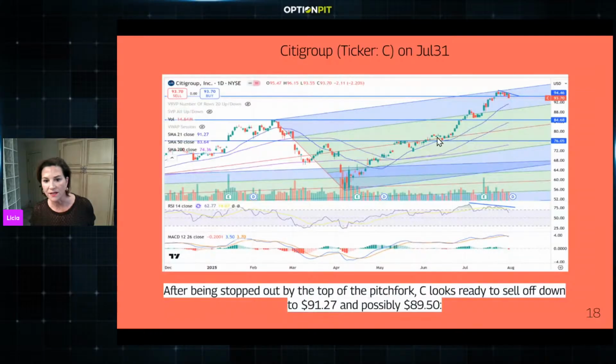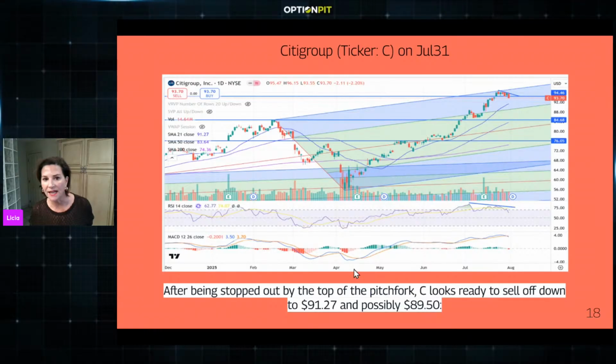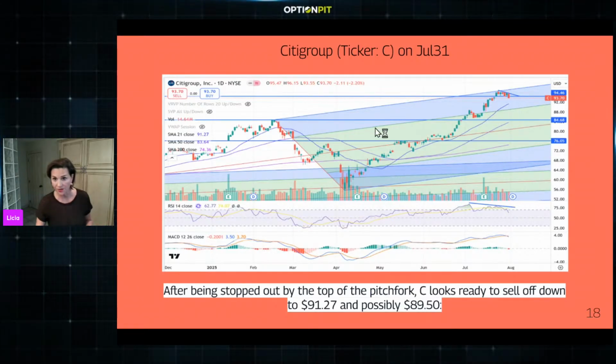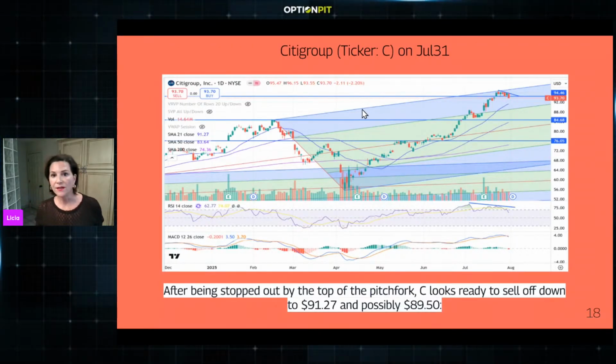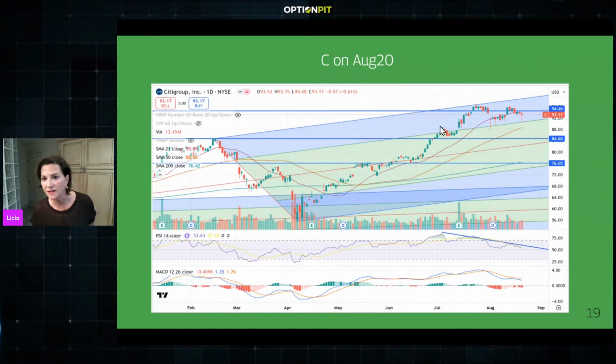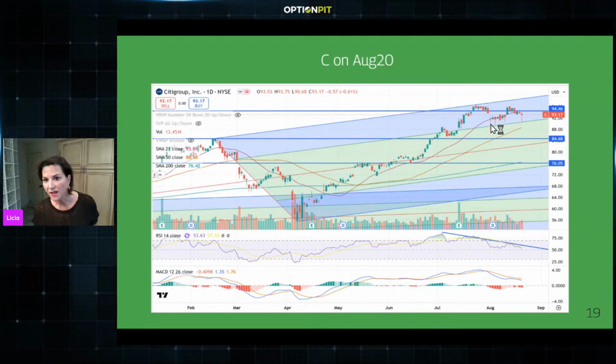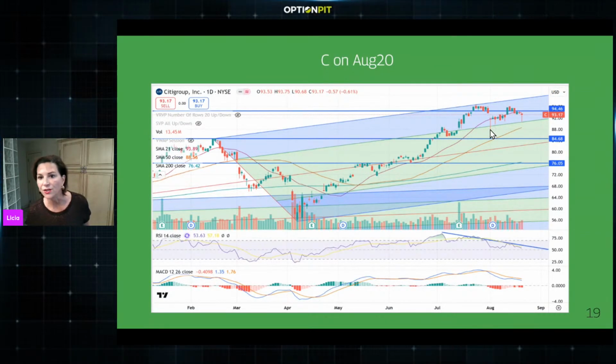Resistance up there, traded right to the top of the pitchfork. Citi looks ready to sell down to 91.27, possibly 89.5. So I sent this to my members after the close on the 31st, and this is what Citigroup did. Traded down to 88 and change.